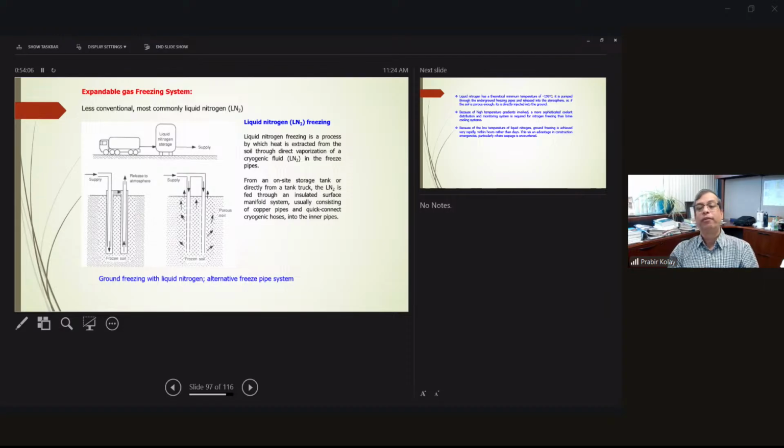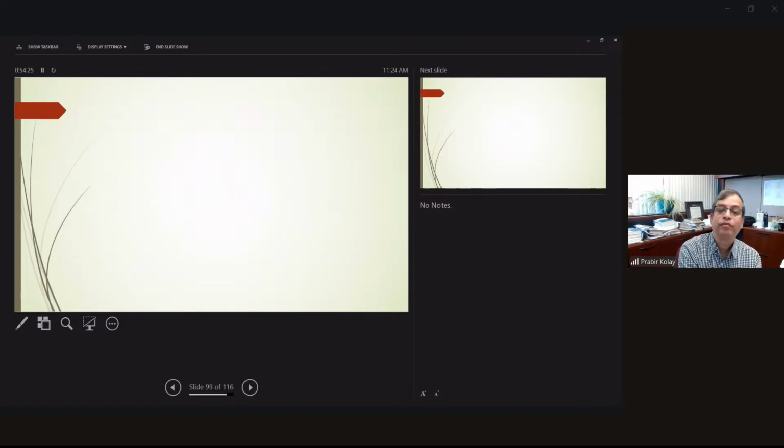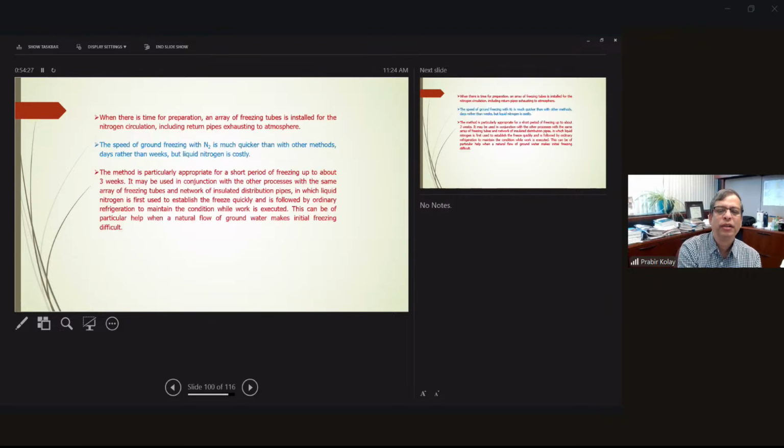And then if you use liquid nitrogen, this is how you do it: you supply the liquid nitrogen and then it comes out, and the whole soil is going to freeze, okay? And it can go down to minus 196 degrees Celsius when you are using liquid nitrogen, compared to calcium chloride or brine solution. So I'm not going to go into detail.